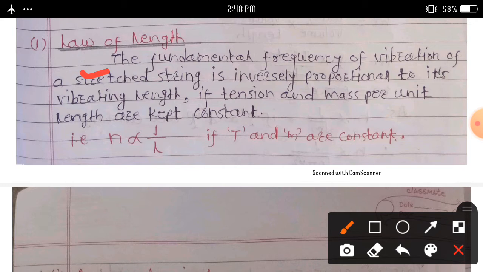Here tension and mass per unit length are kept constant. That is, we can write this mathematically: n is inversely proportional to small l if capital T and small m are constant.